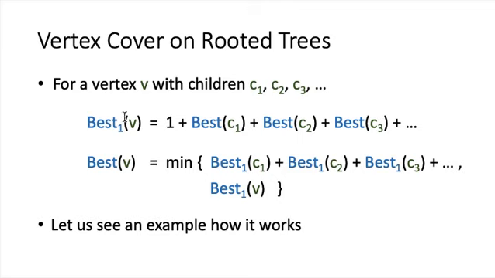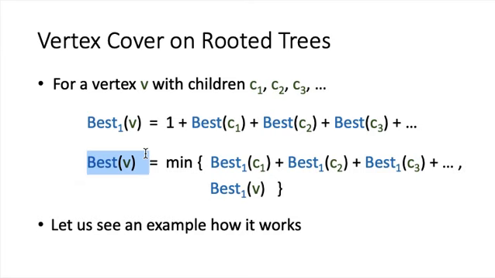So best 1 of V, requiring that we must place a guard at the root, can be computed based on the previously computed values like this. Now, how about the case in general? For best of V here, we do not require that the root node must place a guard.